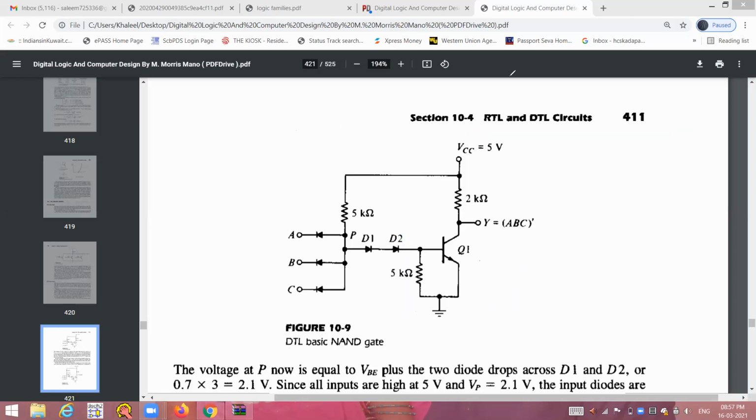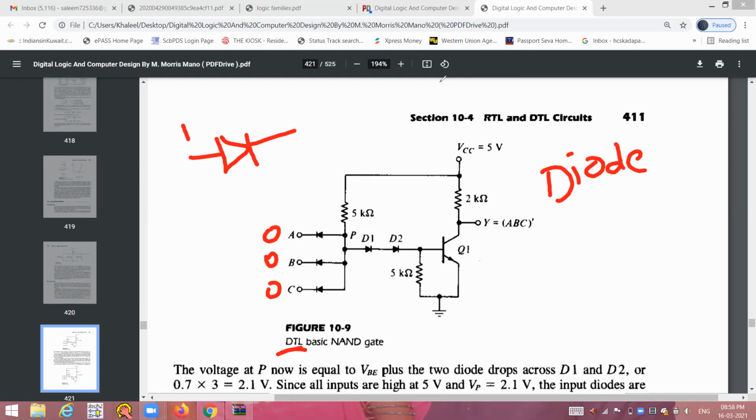Let us consider the input A is 0, B is 0 and C is also 0. We know the basic operation of a diode here. DTL means diode transistor logic. Don't forget, DTL means diode transistor logic.